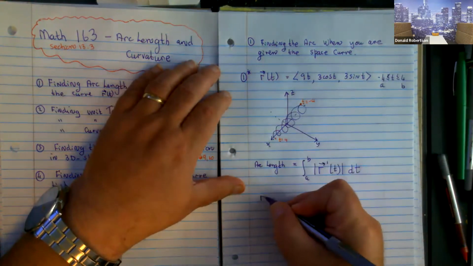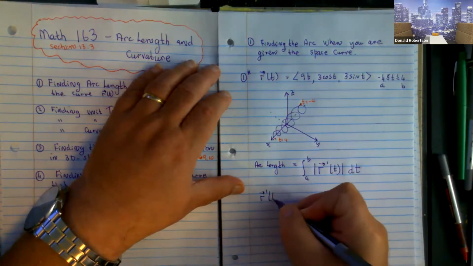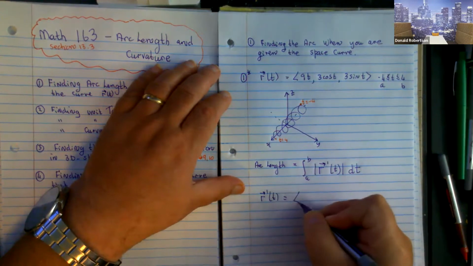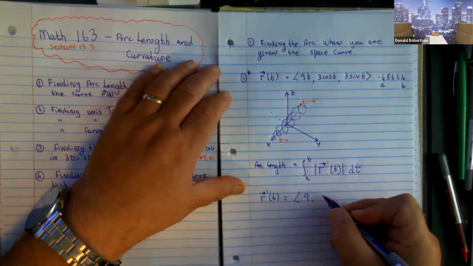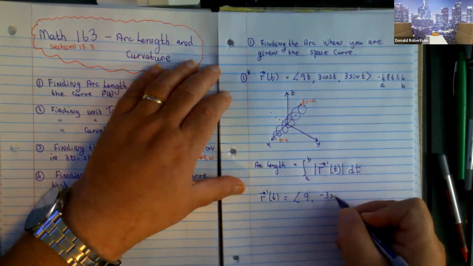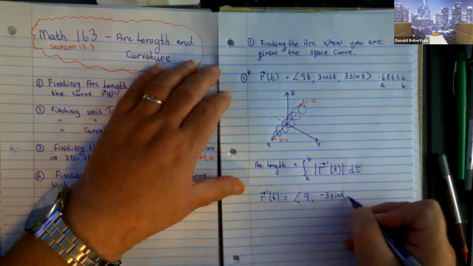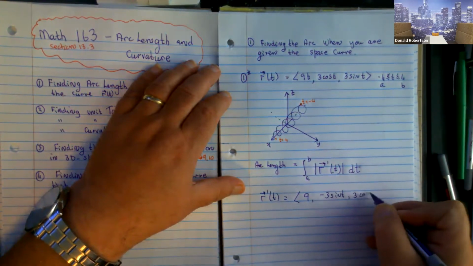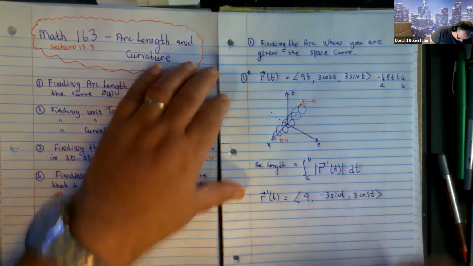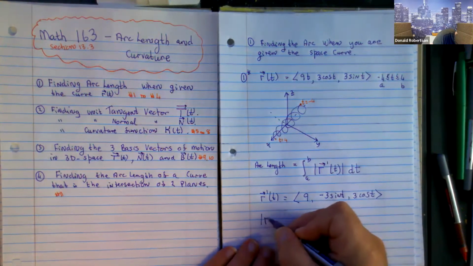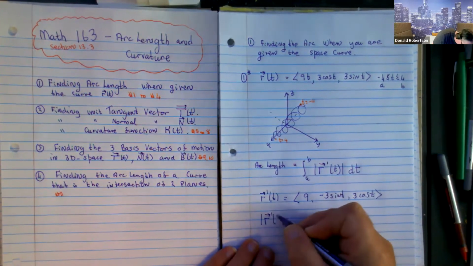Well, up here, the question that we've just started looking at, if you differentiate it, you get 9, you get -3 sine t, and you get 3 cosine t. And then you find the magnitude of this vector.